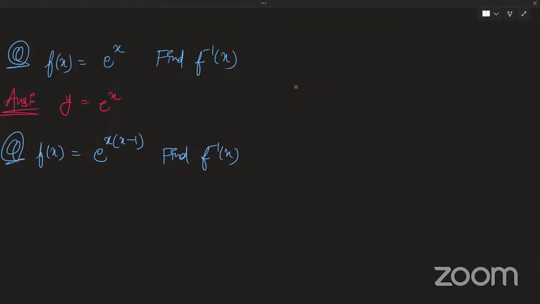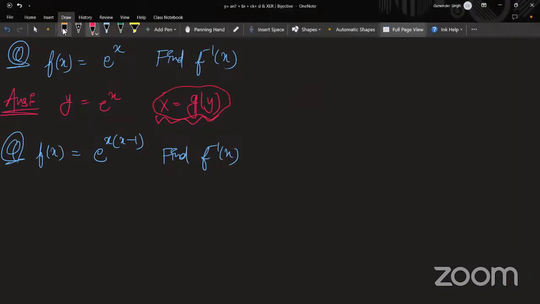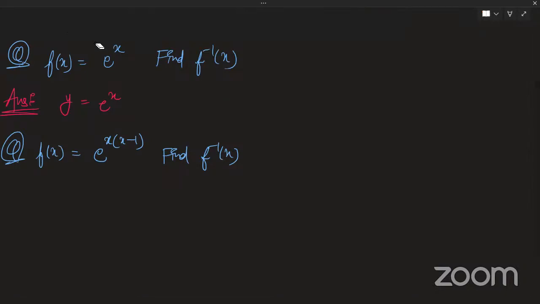I need to write it in terms of x is equal to some function of y, with all terms of y on one side. Tell me how can I do it?